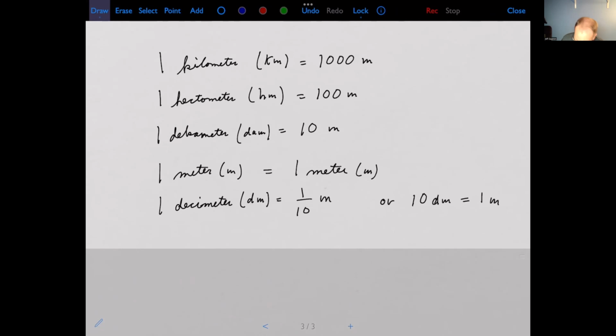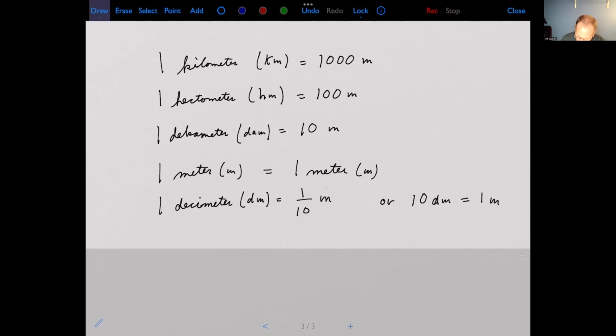So 10 decimeters is equal to 1 meter, right? That's the same as saying 1 decimeter is 1/10 of a meter. In fact, to get that, I can multiply this side by 10, this side by 10, right? So I get 10 decimeters, and then 10 times 1 over 10 is equal to 1 meter.